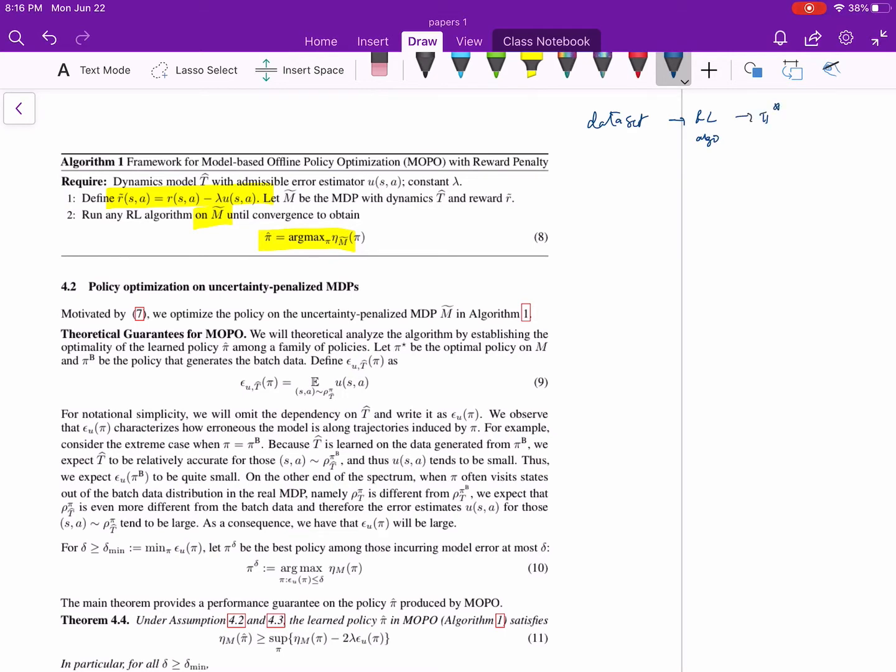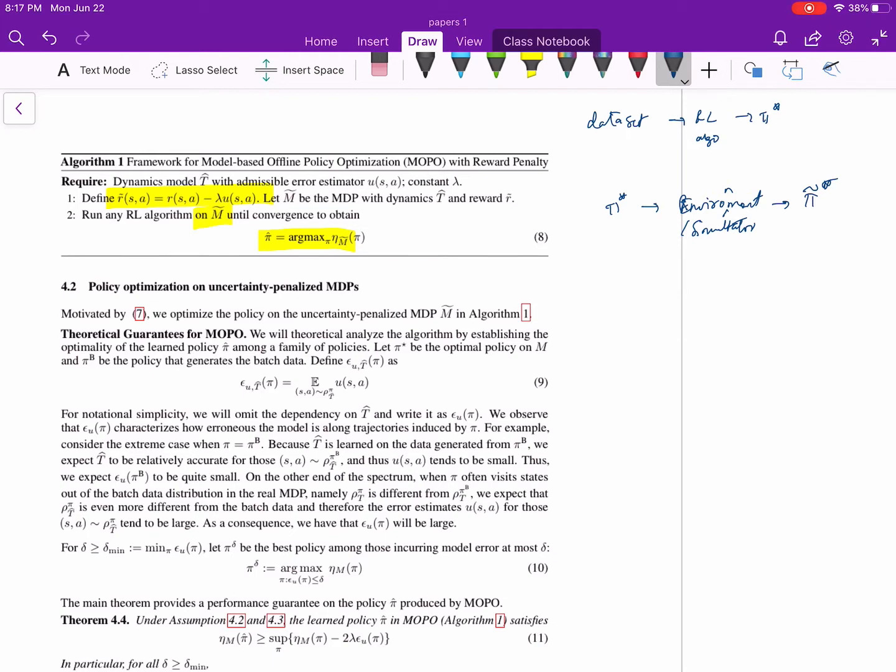Here it is actually using pi star to further interact with the environment, or the simulator, to get the actual optimal policy, I think.